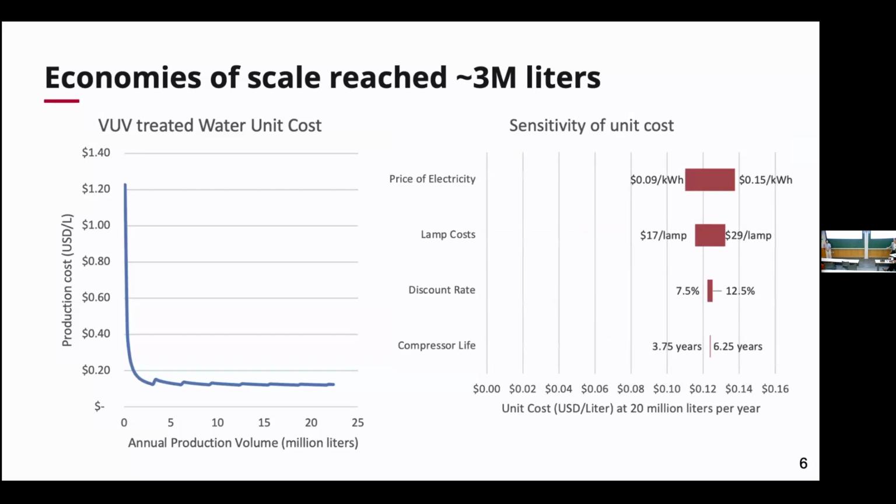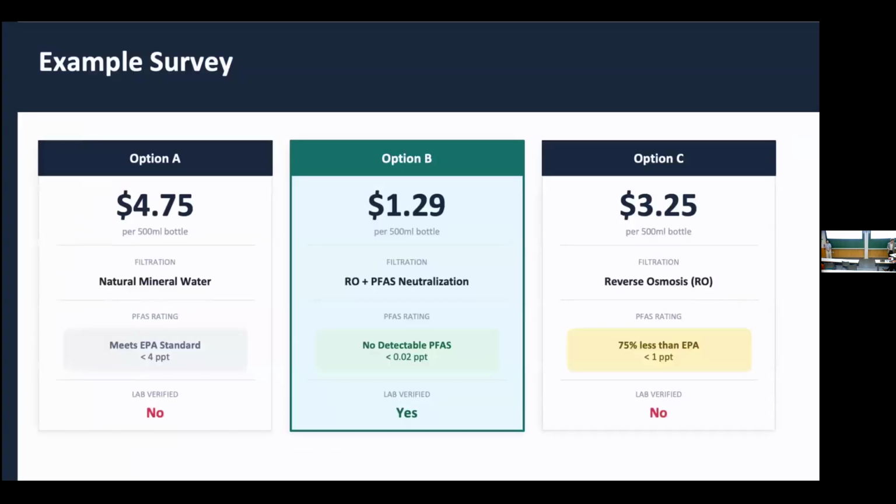So you can change the price of electricity pretty significantly and not impact the actual unit cost that much. Lamp costs are our primary upfront infrastructure cost. We ranged those from $17 to $29 with our baseline in the middle, and that impacted it less than the price of electricity. And then our discount rate and our compressor life, two other factors in our model, also impact it, but not as dramatically.